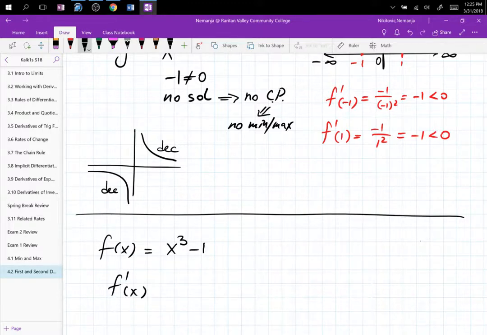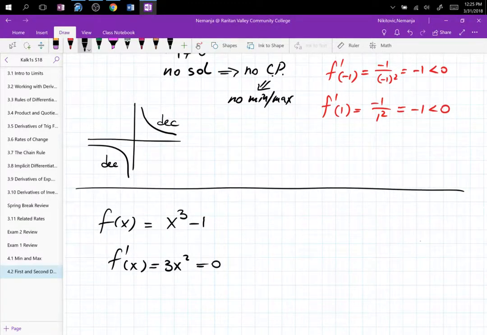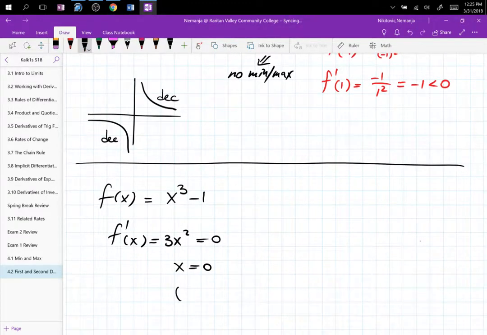Take the first derivative. We get 3x squared. Set it equal to 0, and we eventually get x equals 0. And when you plug everything in, you get 0, negative 1 for the critical point.